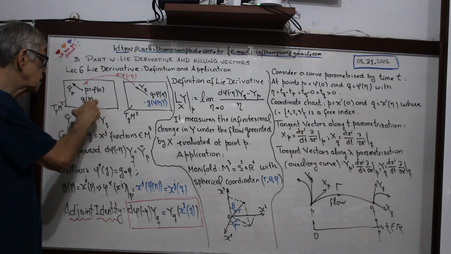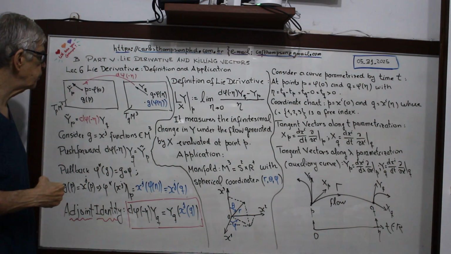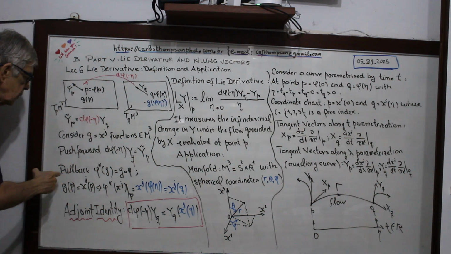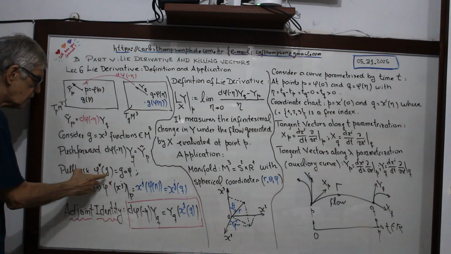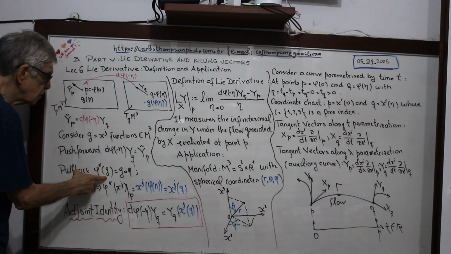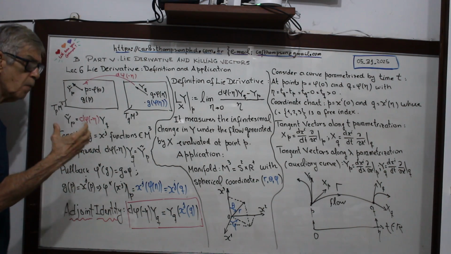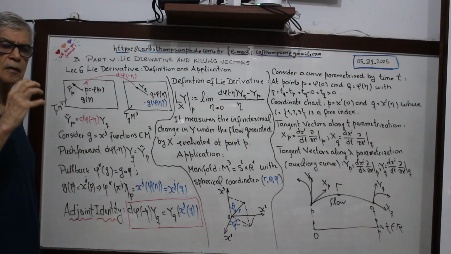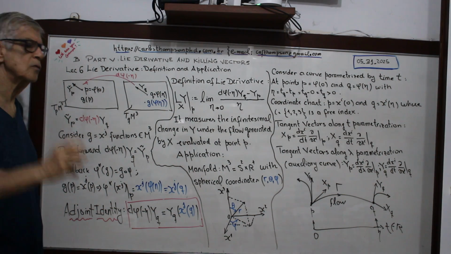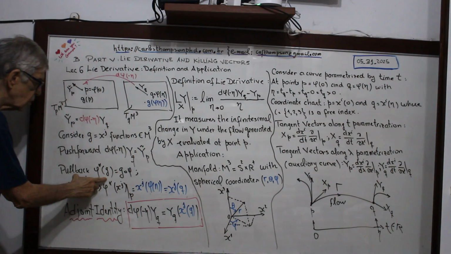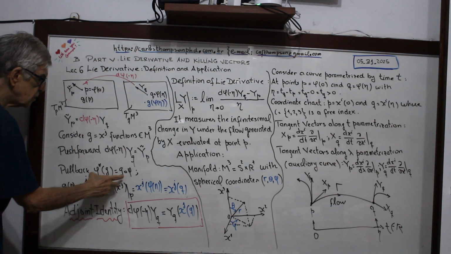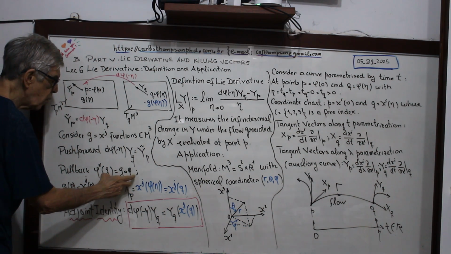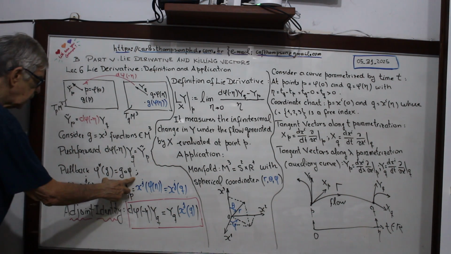But let's consider g at P, and the pullback will act on this scalar, a function. In general, pullback acts on the covector, but this is acting on this function, g composed with phi.